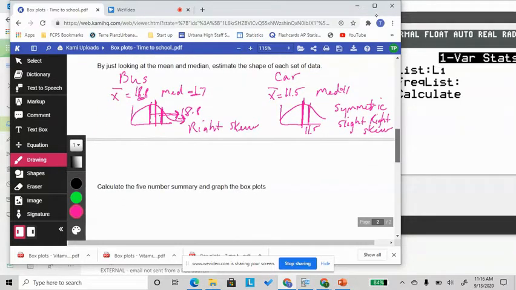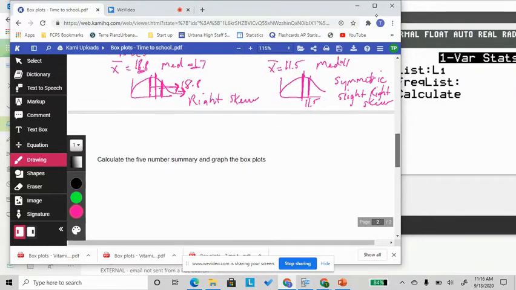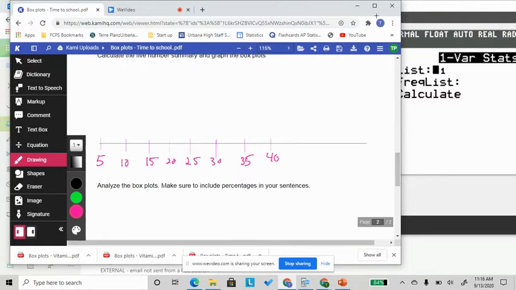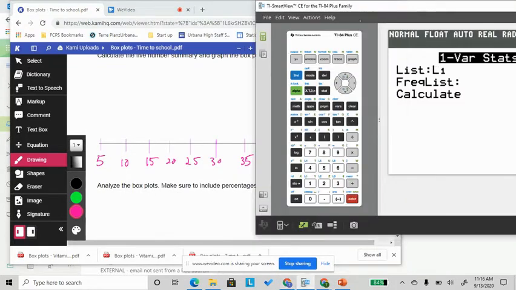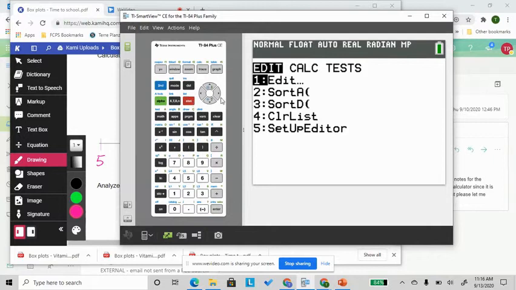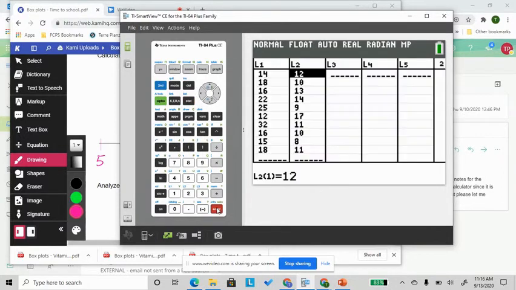Okay, next one. Calculate the 5-number summary and graph the box plot. So let's do it on the calculator first, and then we'll take some time to transfer that over to paper. If you ever have a problem graphing box plots on the graphing calculator, all you have to do is hit Stat, Edit, Enter, and then you have your numbers already in your list.